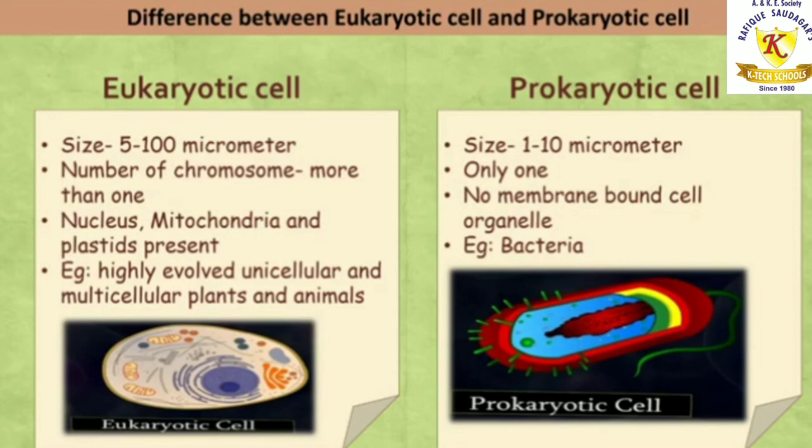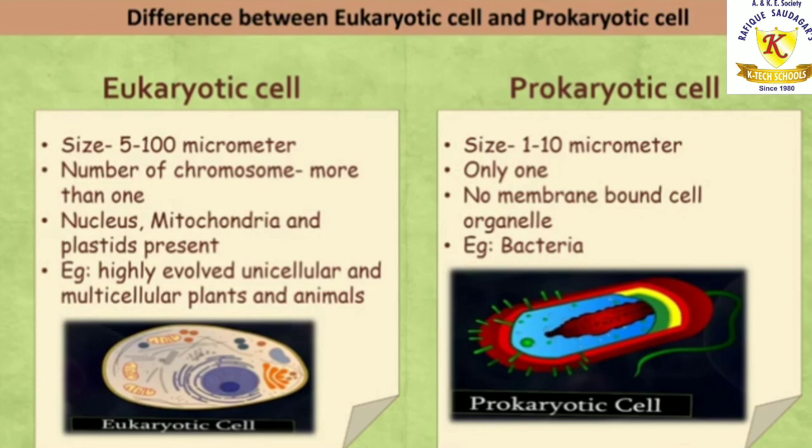In prokaryotic cells, no membrane-bound cell organelles. Examples of eukaryotic cells are highly evolved unicellular and multicellular plants and animals. And the example of prokaryotic cell is bacteria.